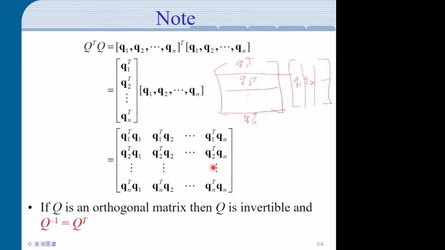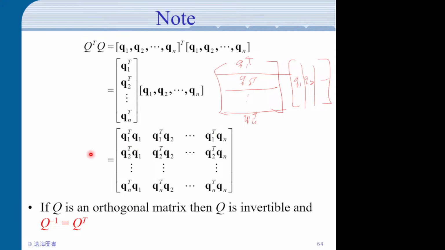When i is not equal to j, those inner products all equal 0 because the columns of Q are orthogonal to each other. On the diagonal, you have a column of Q inner product with itself, and those should all equal 1 because the columns are normalized. So this is just direct calculation, and by definition this equals the identity matrix.